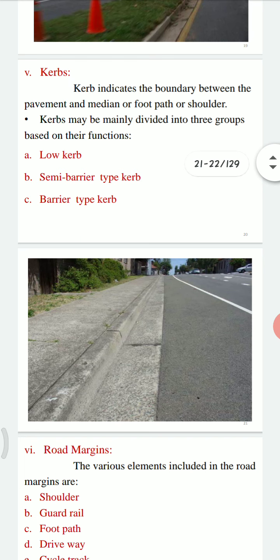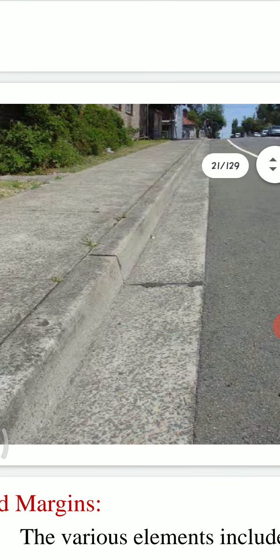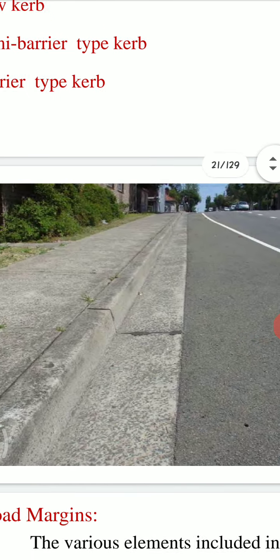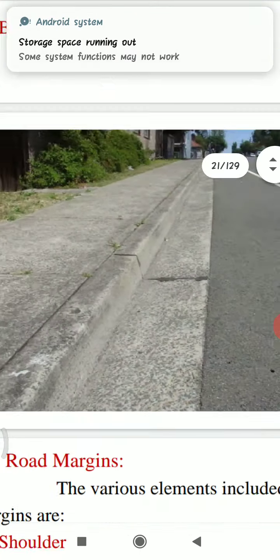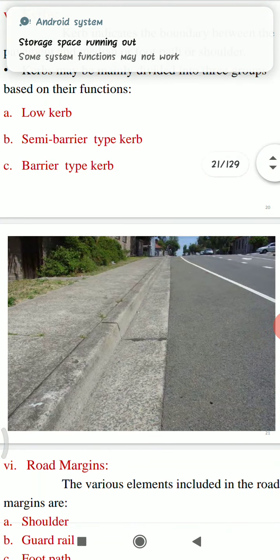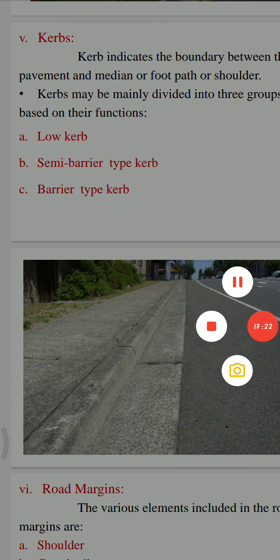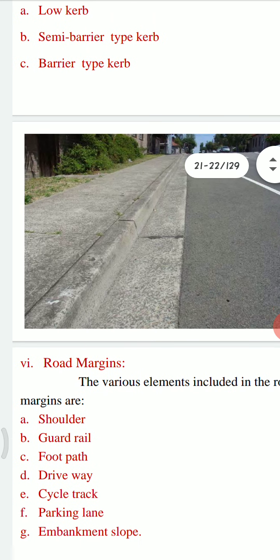See in this image diagram, on the left hand side, a raised curb is provided with concrete. There are these types of curbs: low curb, semi-barrier curb, and barrier type curb.